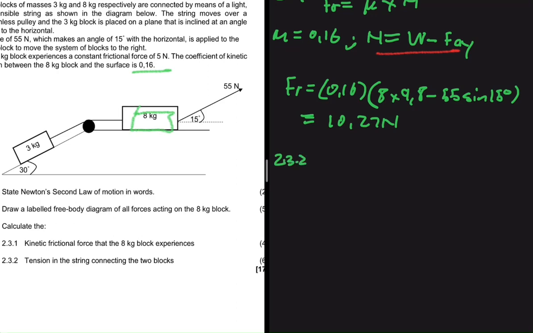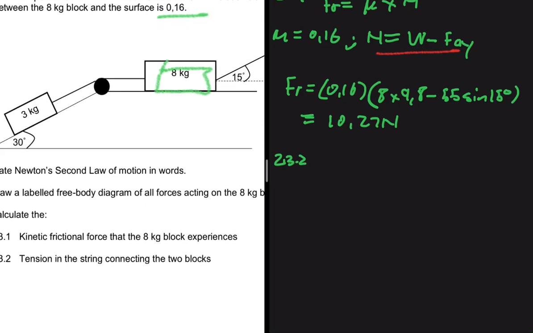Last question, 2.3.2. 2.3.2 says, let's calculate the tension in the string connecting the two blocks. So I just calculated friction for the 8 kg block, and I'm tempted to use the 8 kg block in 2.3.2 since I have a lot of information with regards to that block.